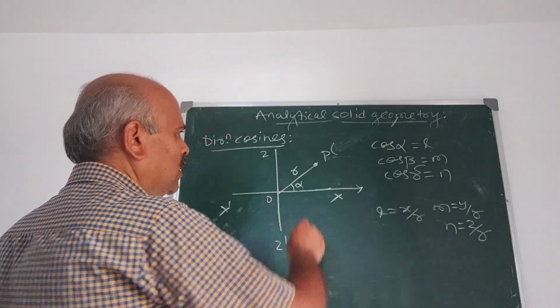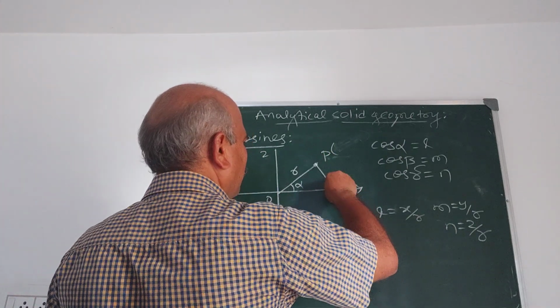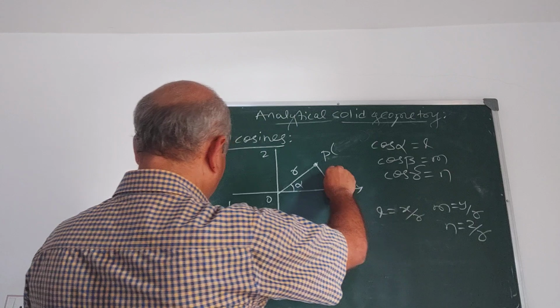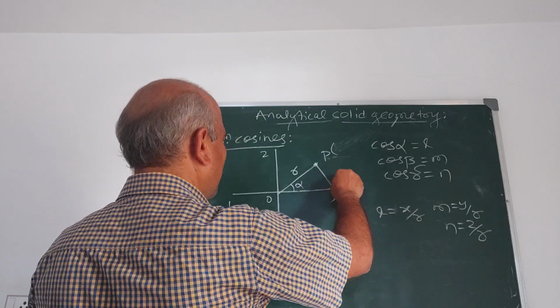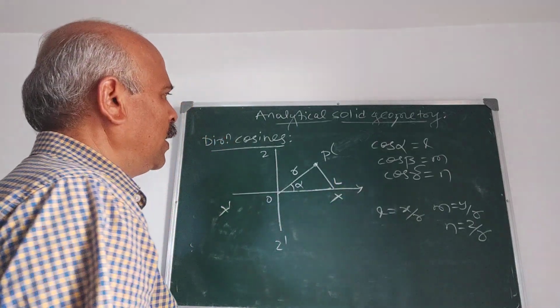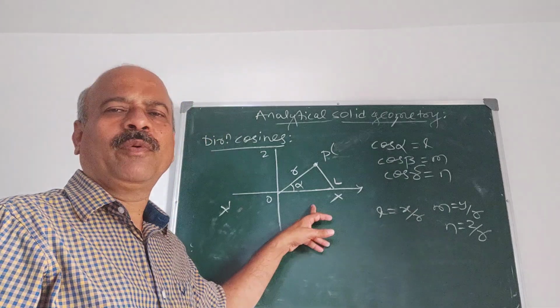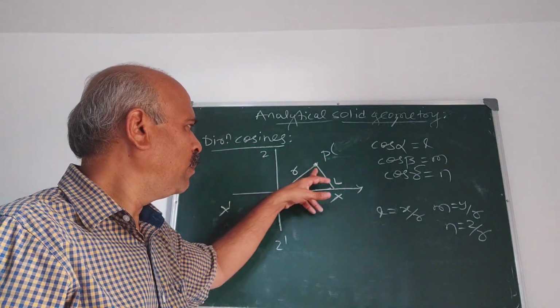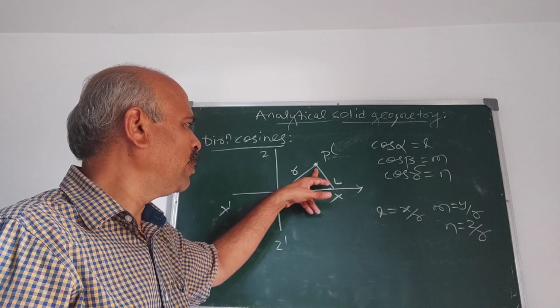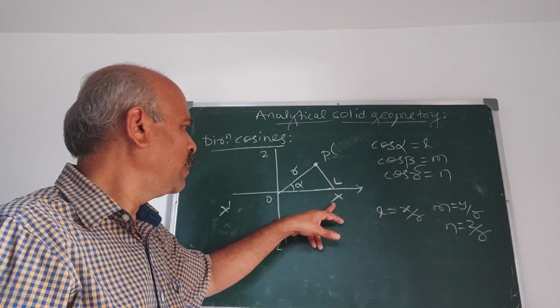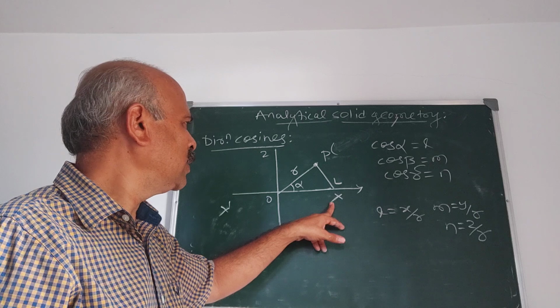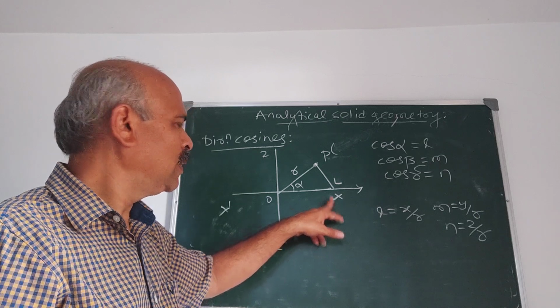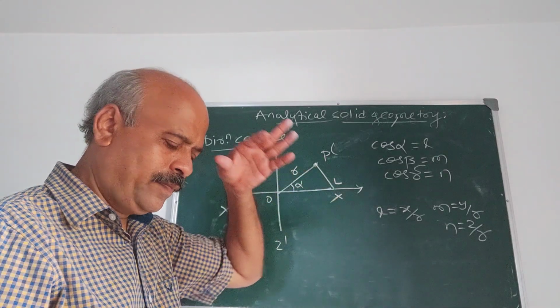This is because, draw the perpendicular. Suppose PL is perpendicular. While explaining coordinates of a point, I explained what is the x coordinate of a point. Correct? This is the x axis. What is the x coordinate of a point here?